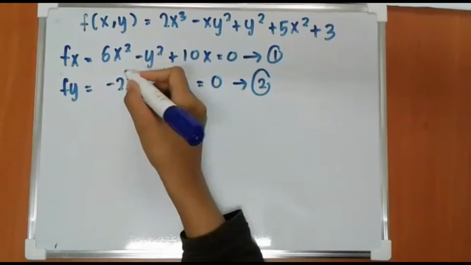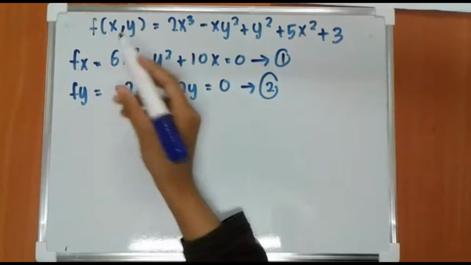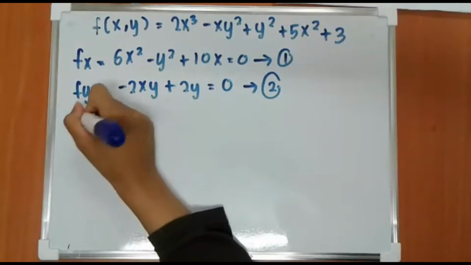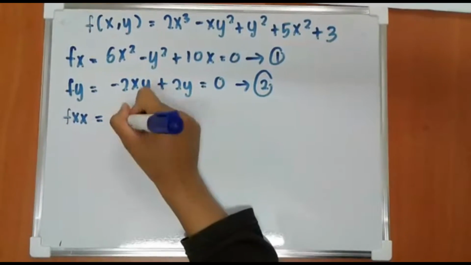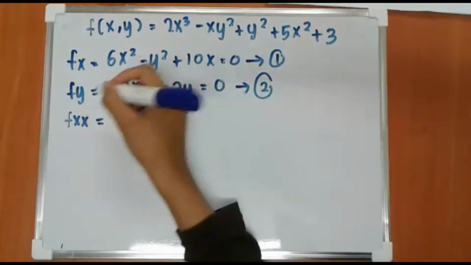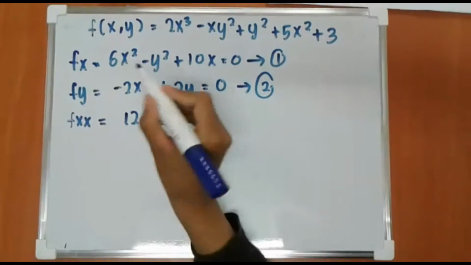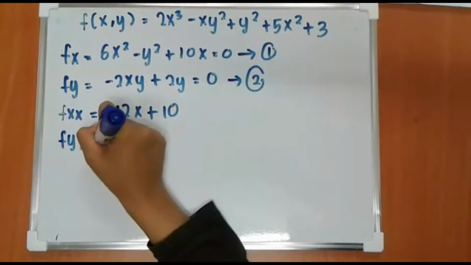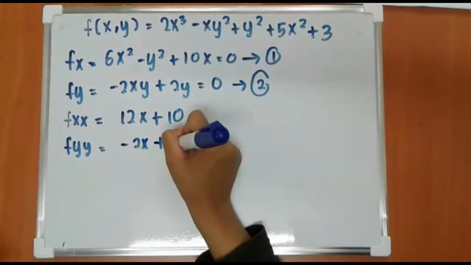Then we have to differentiate partial x with respect to x for the second time, which will become fxx = 12x + 10, and we differentiate partial y with respect to y, and it will become fyy = -2x + 2.